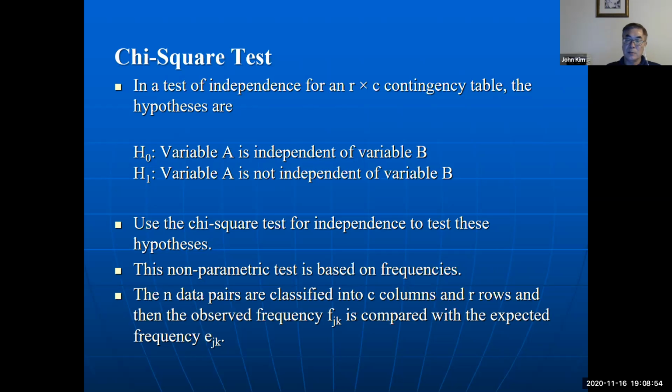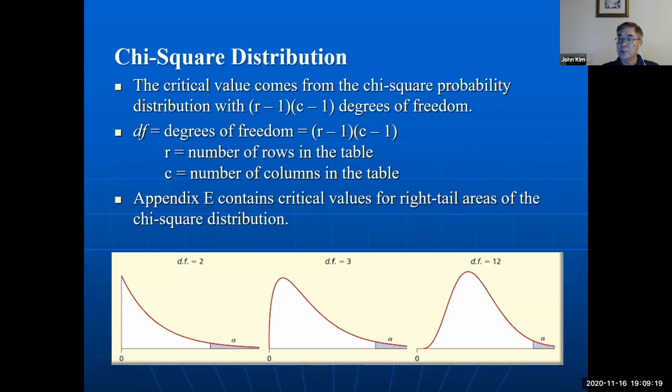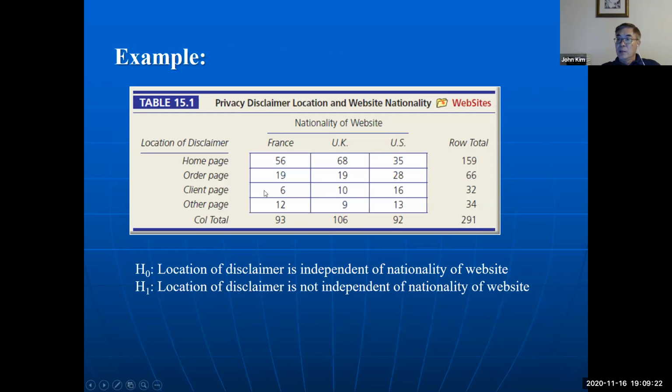The chi-square hypothesis test is similar. We need a hypothesis H0: variable A is independent from variable B, and H1, the alternative hypothesis: variable A is not independent of variable B. For example, the nationality of the website and the location of disclaimers, so using two variables.